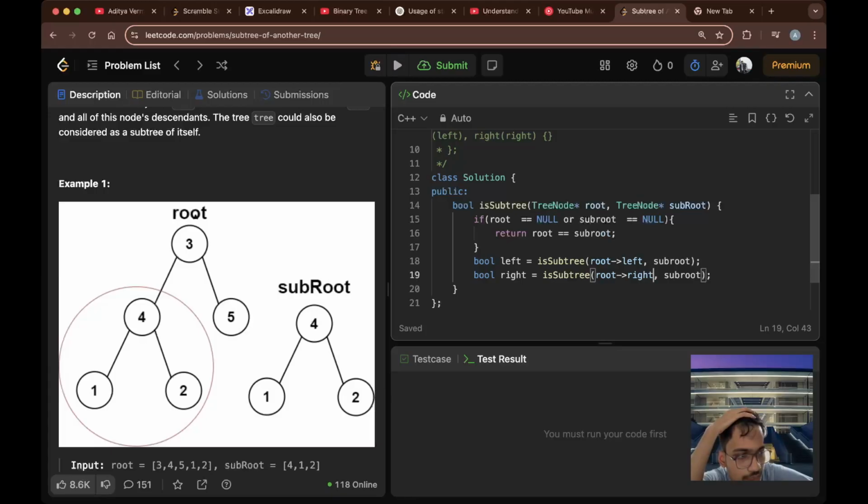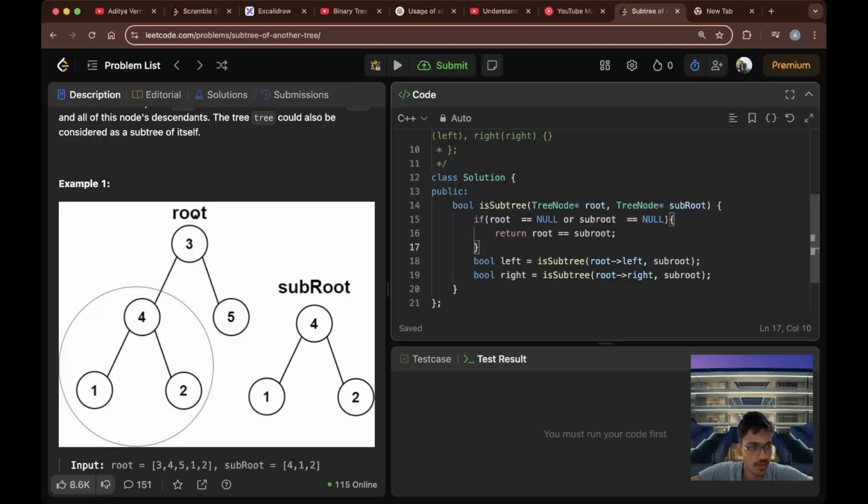It is equal. Then again the left part is also equal, the right part is also equal. So return true. Either of them is going to give us true. If the left part is giving us true or the right part is giving us true, we have to see that.